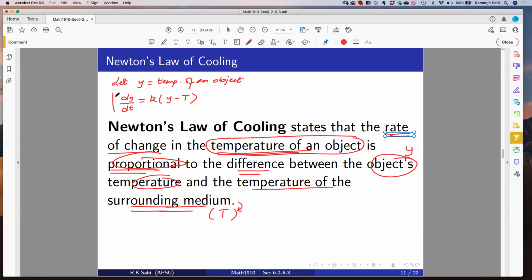So this is our differential equation. And you notice we can easily use our variable separable approach here too, if you want to find the solutions to this one. So I'm going to take an example and then I will show you how to find the solution of this differential equation too.